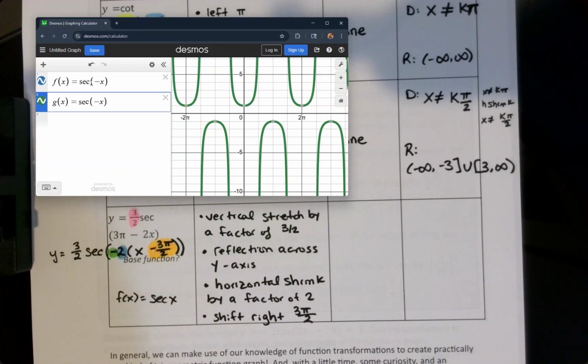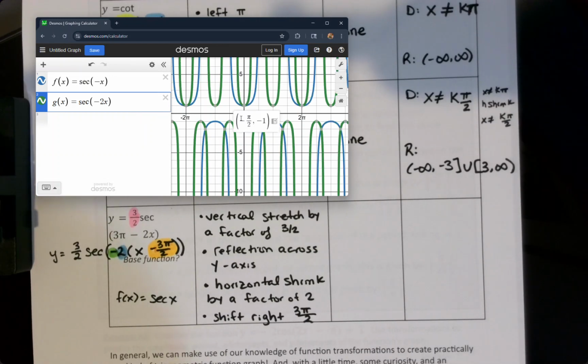Okay. Now, we're going to do the horizontal shrink by a factor of 2. We should notice a change here. Horizontal shrink, so the green function became smaller by half than the blue function, and 2 of them appear where previously 1 of the blue ones appeared. So horizontal shrink, we can see that happening here.